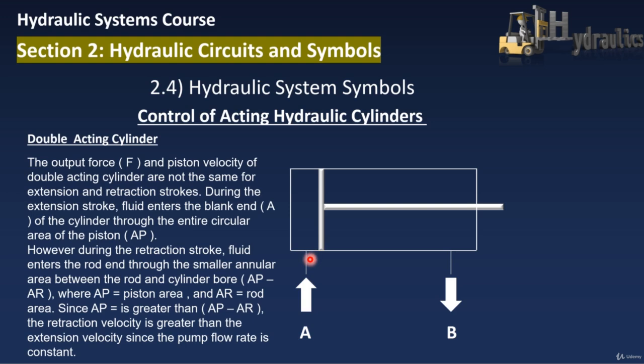Therefore, AP is the piston area and AR is the rod area. Since AP is greater than AP minus AR, the retraction velocity is greater than the extension velocity, since the pump flow rate is constant. And it is obvious because here I have a lesser area than here.